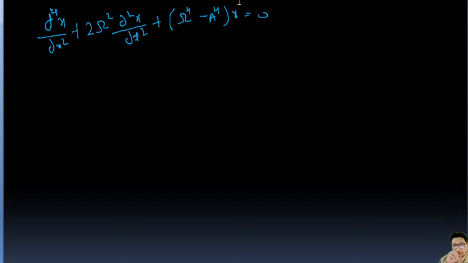That is the time evolution of coordinate x of the particle, and omega is greater than a.